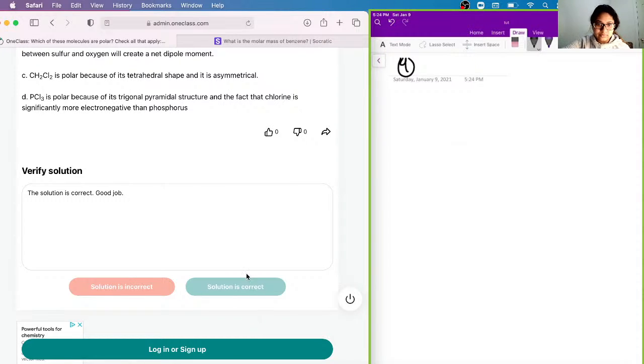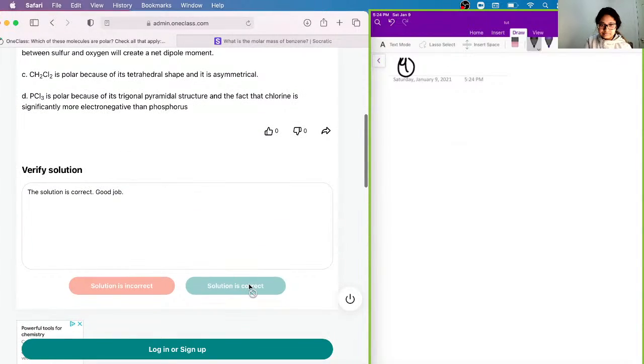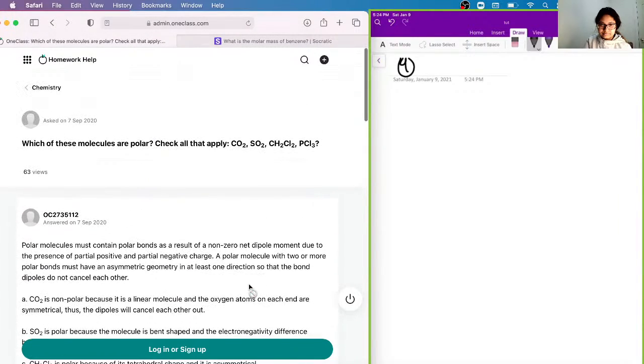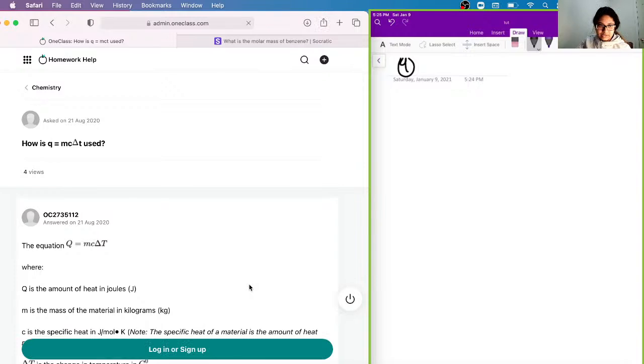Okay, so our next question says, how is Q equals mcΔT used?